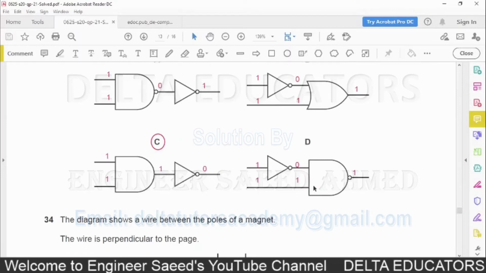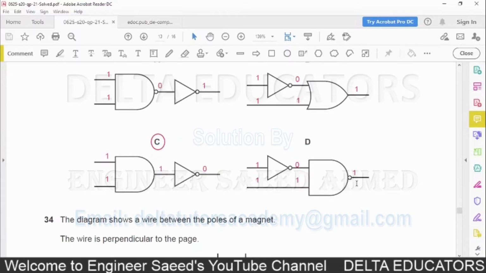Now for a while let us suppose here it is not a NAND gate, it is an AND gate. If it is an AND gate, what will be the output? For an AND gate, if both the inputs are high, then we will get output high. If one of the inputs is low, means it is 0, then the output will also be 0. So if here it is an AND gate, then the output will be 0.